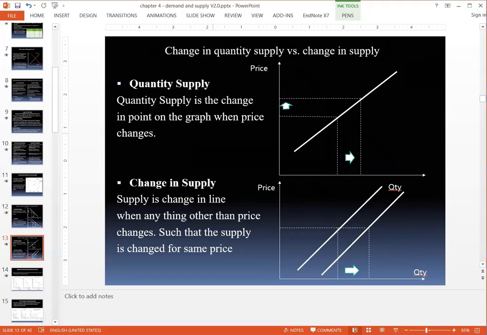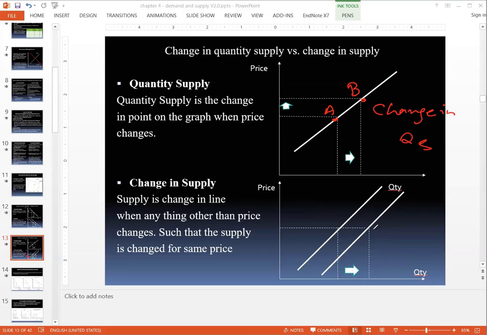Now you see that the same thing applies to supply. This is a supply curve because it's labeled price and quantity and it has a positive slope. When the price changes, the point changes from A to B, so it is a change in quantity supplied.